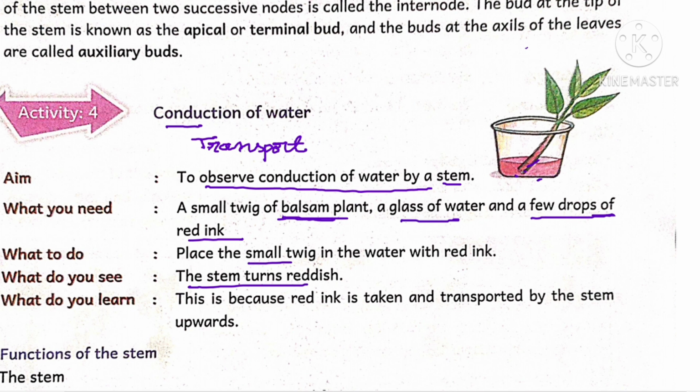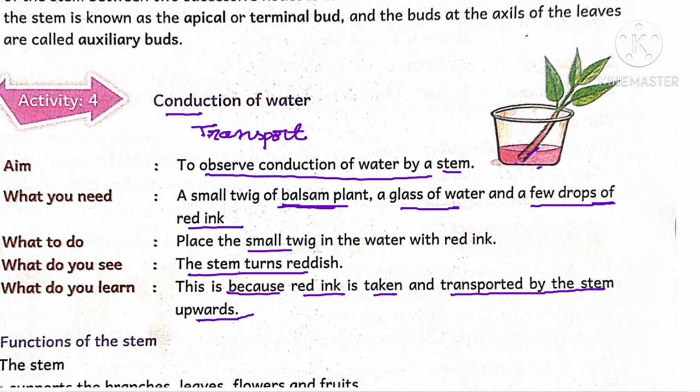Then the color of the stem turns red. So what do you learn? This is because the red ink is taken up and transported by the stem upwards. That means the ink was absorbed by the stem and transported throughout the stem. That's why the color of the stem turns red.